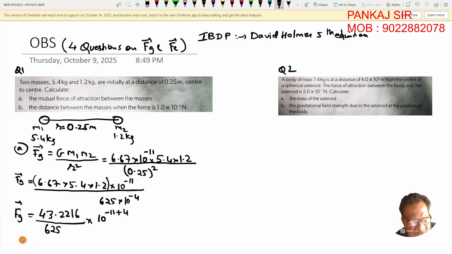Ultimately, on the calculator, I get Fg as 0.06915 times 10 raised to minus 11 plus 4, which is minus 7. And of course the unit will be Newton because force is measured in Newton.